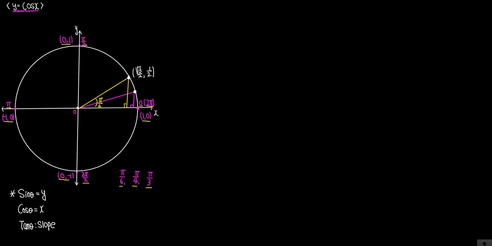Now the square root of 3 over 2 and 1 over 2 are the x value and the y value. But according to what we learned here, where the sine theta is the y value, cosine theta is the x value inside the unit circle.